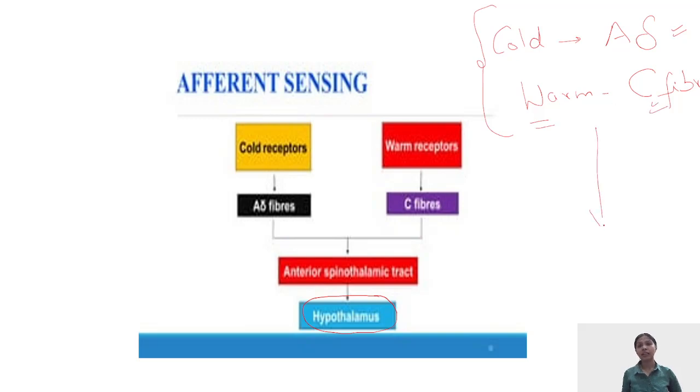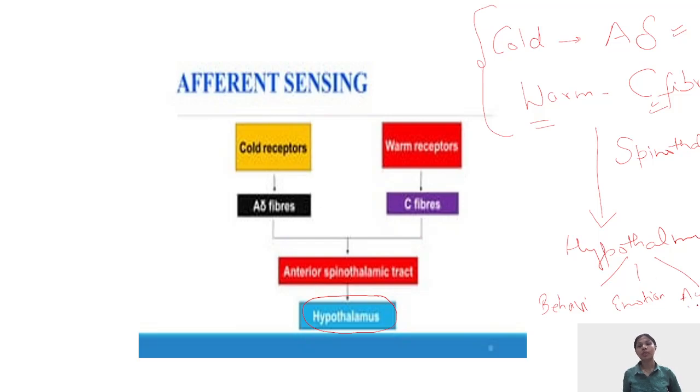They carry it via the spinothalamic tract, eventually to your hypothalamus. And then the body behaves. There are certain behavioral responses, we can have emotional responses, and eventually the autonomic responses are seen.